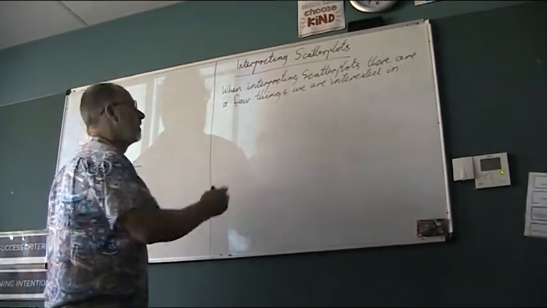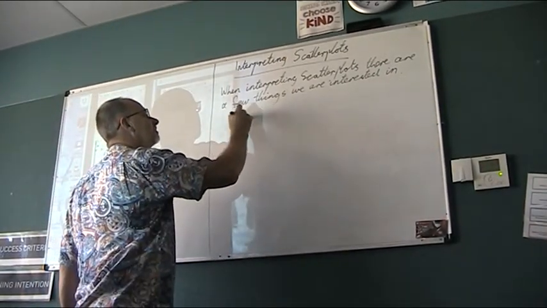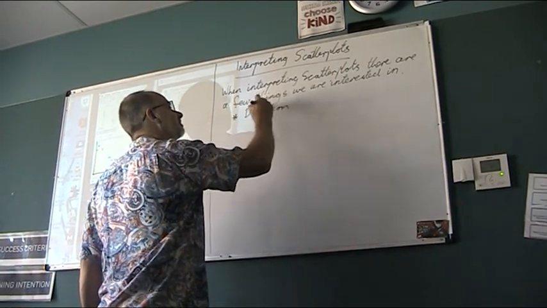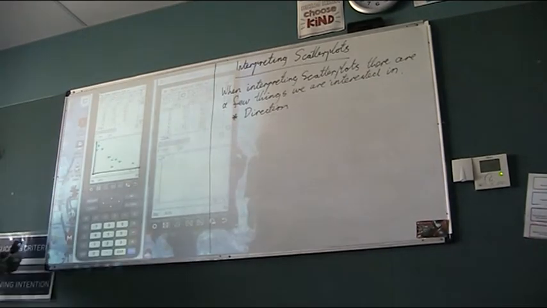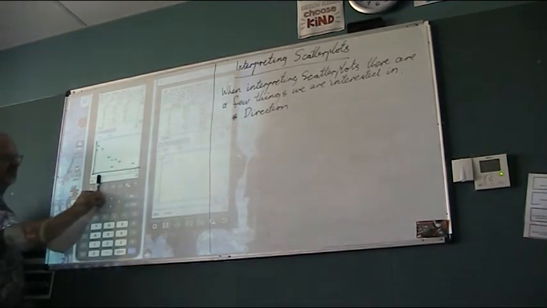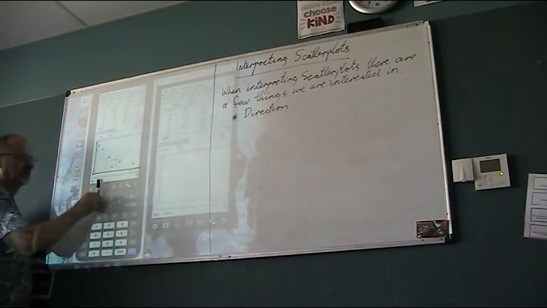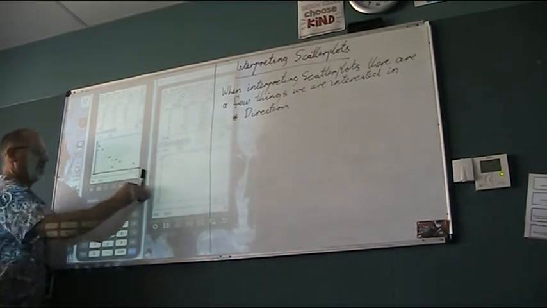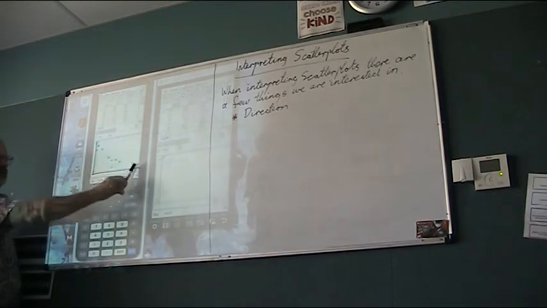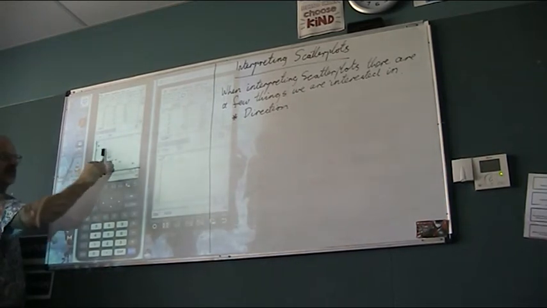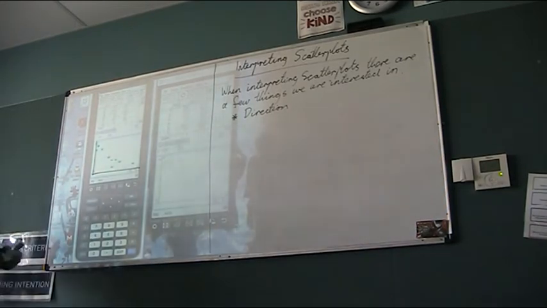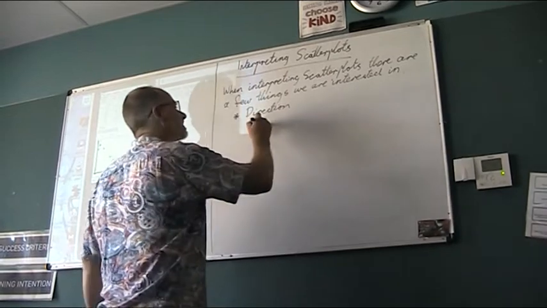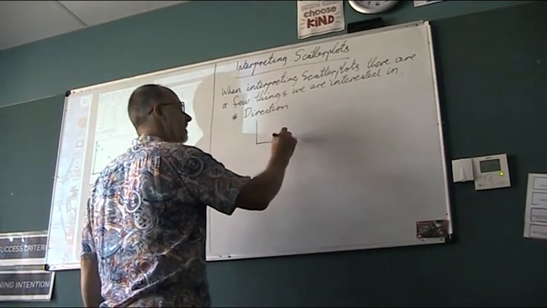One of those is the direction. So as we're going from left to right, because we read left to right in this country, as we move left to right, what happens, and in this case with this particular one, it looks like we go down. And so that direction here would be described as negative.